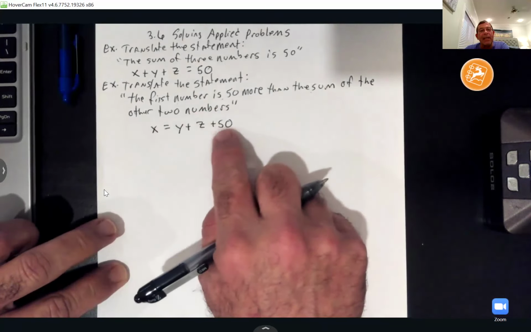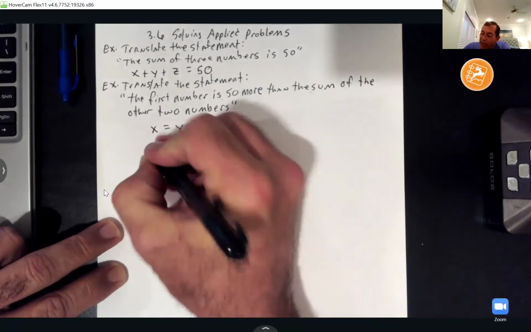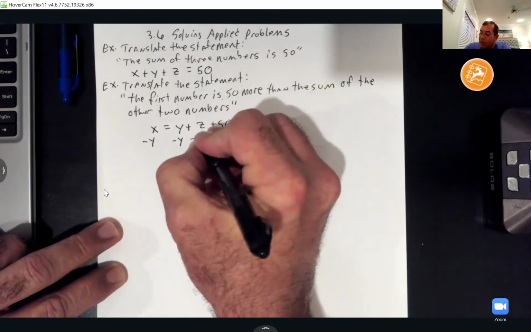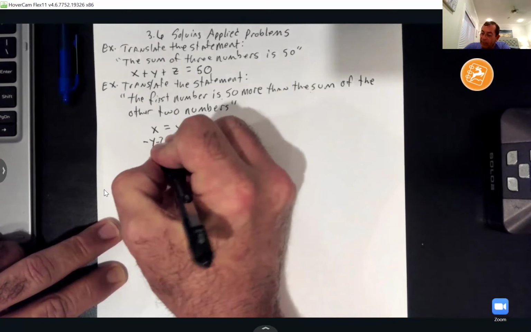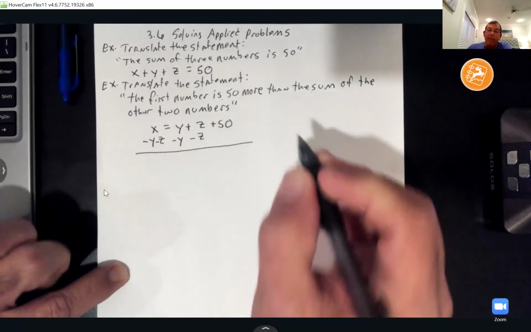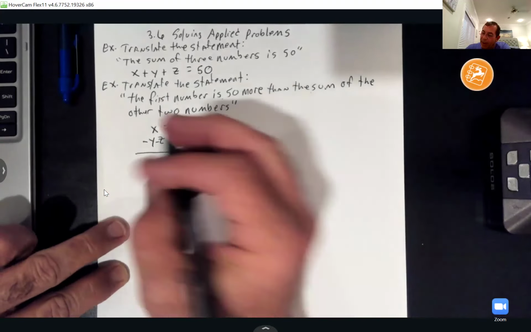So y'all, since the y and z are positive on the right side, we need to subtract the y from both sides, and we need to subtract a z from both sides. So you don't have any like terms, so I'm just going to put them in alphabetical order.